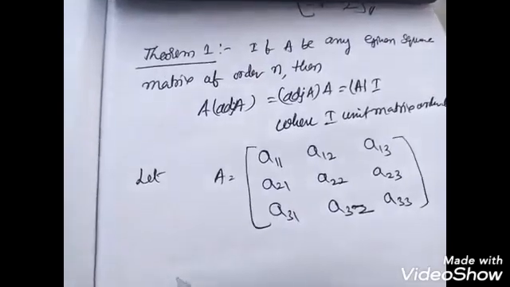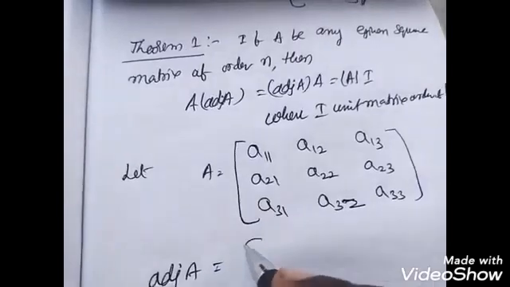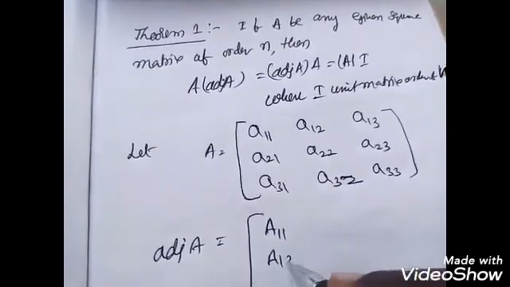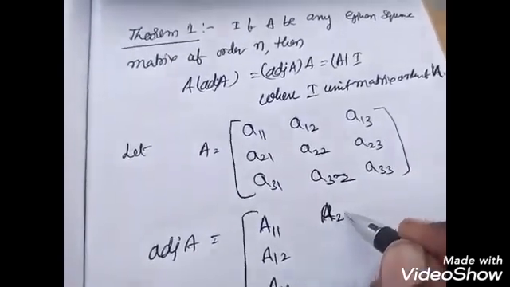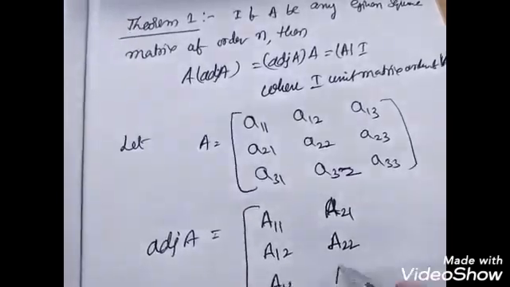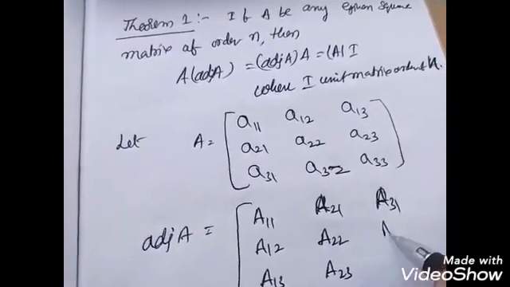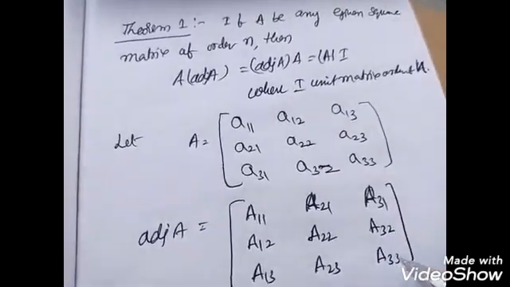Now adjoint A is written with the capital letters: A11, A12, A13, A21, A22, A23, A31, A32, A33. This is the adjoint matrix.